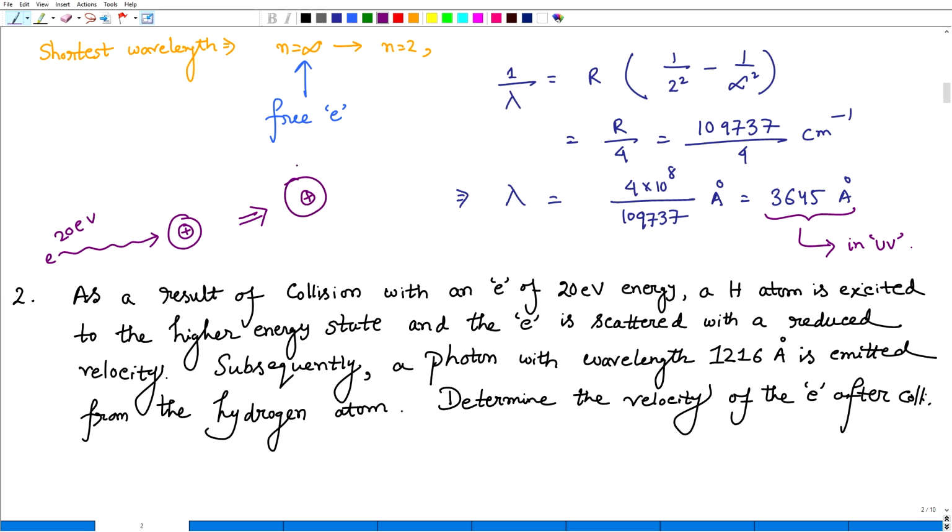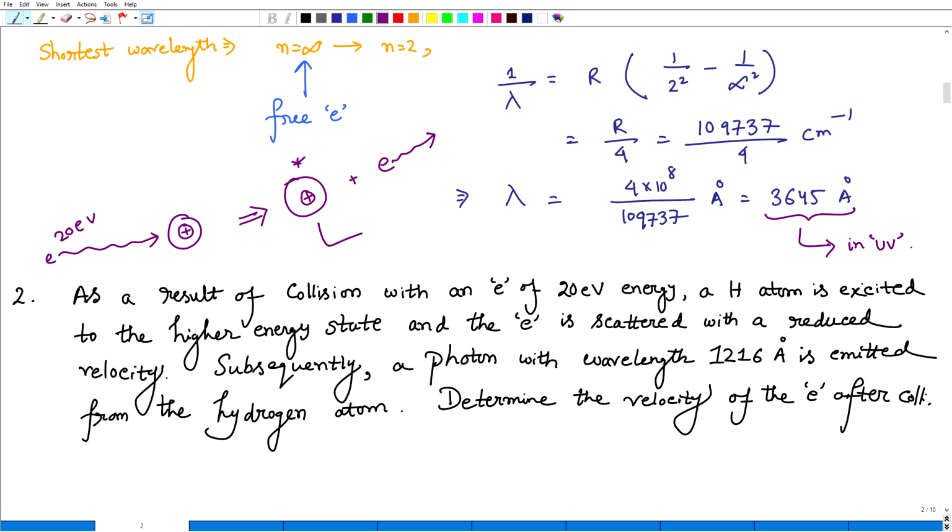Let's give it a star here. It's excited, and the electron is scattered with a smaller velocity. It's obvious, because it gives some energy to the hydrogen atom, and using that energy the hydrogen atom got excited, that's why the energy of the electron will be decreased.